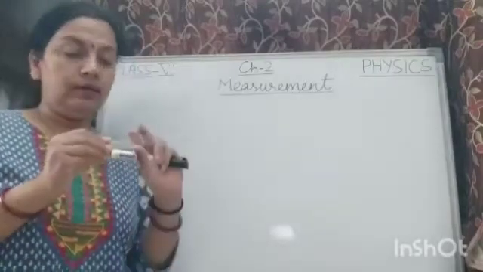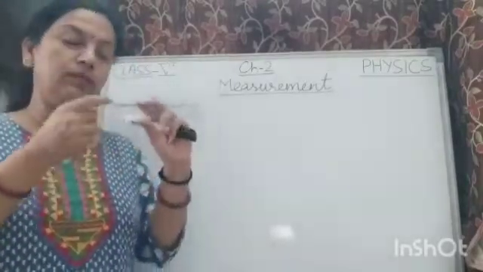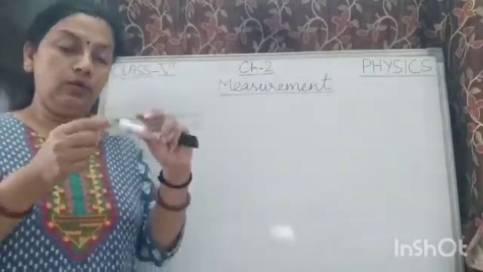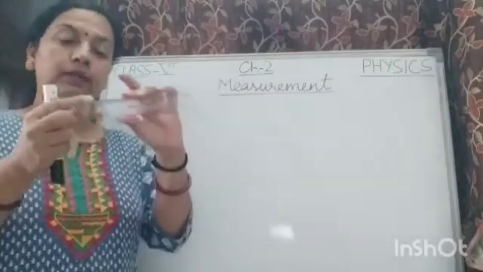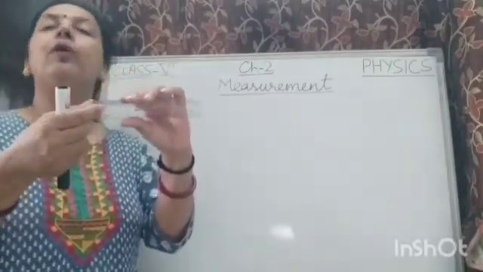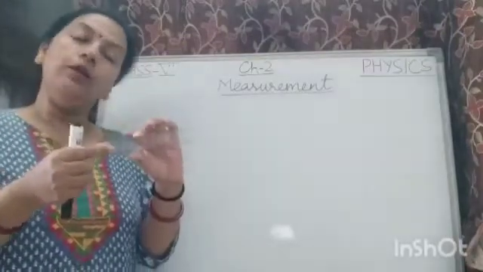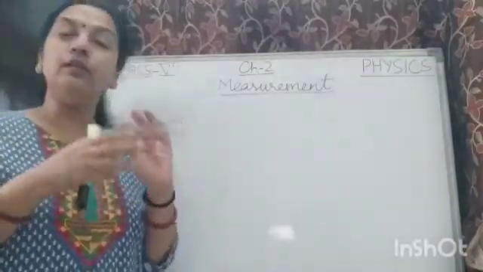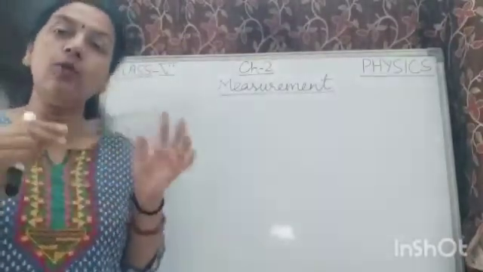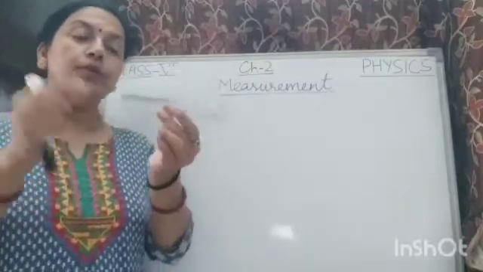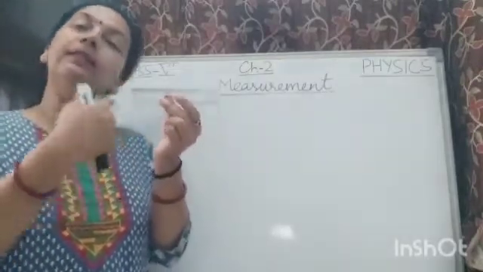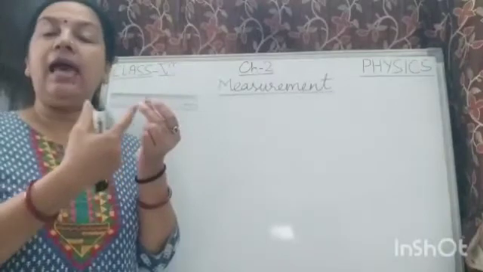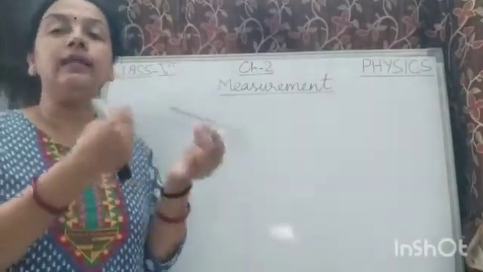Whenever a scale is broken from this zero side, if it is broken till 2.3 or 2.4, in spite of that you can get the correct reading. What you will do is always take the next full mark as the 0 mark to take the reading.